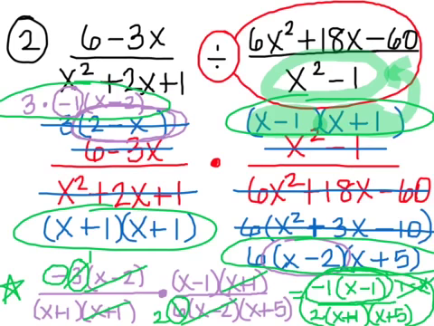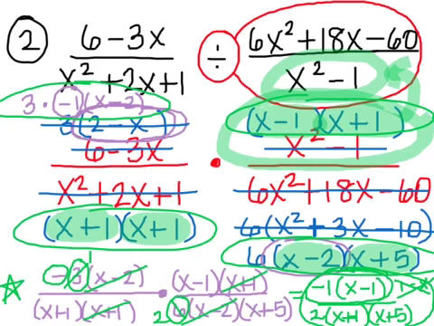We also have to take these two factors into consideration because they're in the denominator, and we have to take these two factors into consideration because they're in a denominator. And so the easy one to forget about is the one that's here, because it is in the numerator all the way down to this step, but it was originally in a denominator, so you can't have it equaling 0 either.